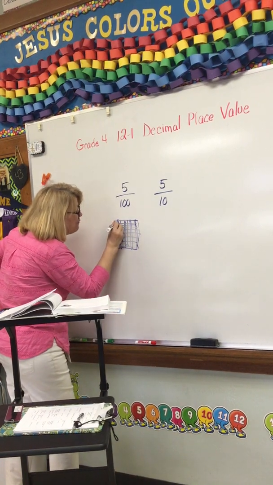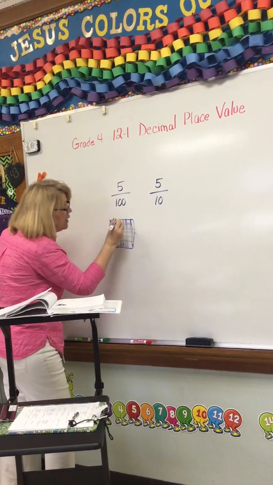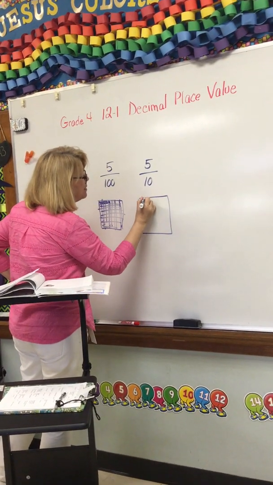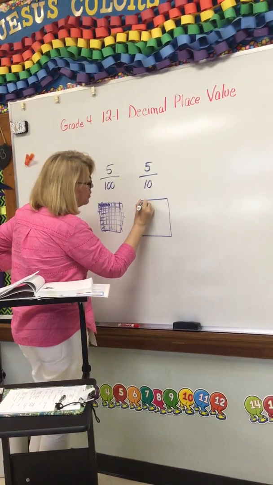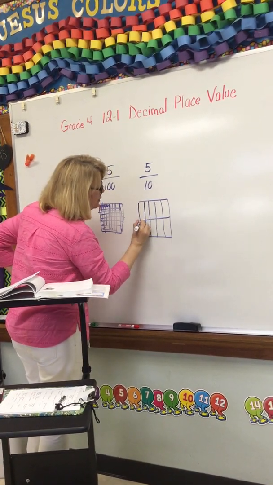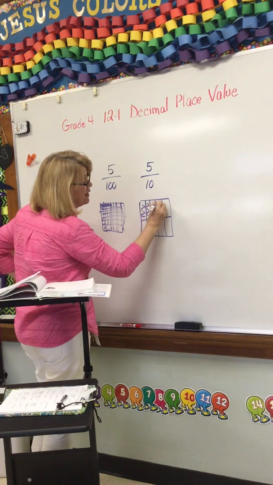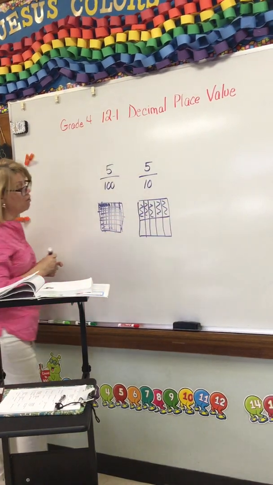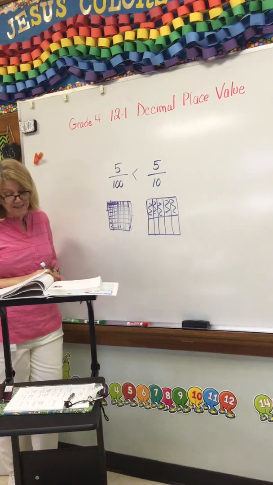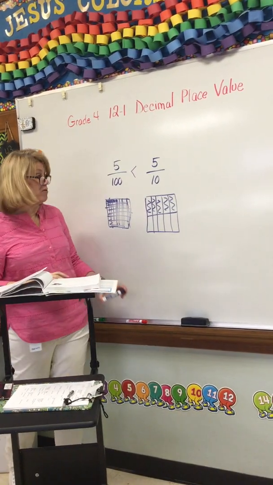And I only ate 5 of them. Not very much. But if I had a pizza that was cut into 10 slices and I ate 5 of them, I ate a whole bunch. So 5/100 is less than 5/10ths.